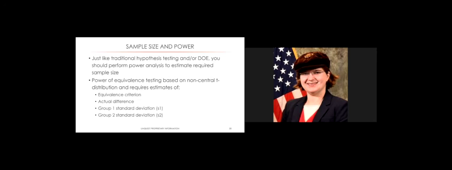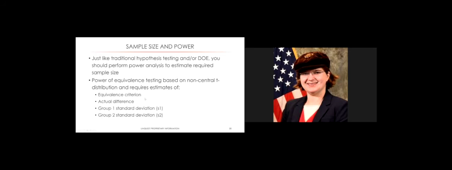To calculate the power for the equivalence test, it's based on a non-central t distribution. It's pretty straightforward. I believe JMP 16 has a sample size explorer for equivalence tests. I will admit I didn't have JMP 16, so I couldn't do that, but I believe it's available, which allows you to change these different parameters.